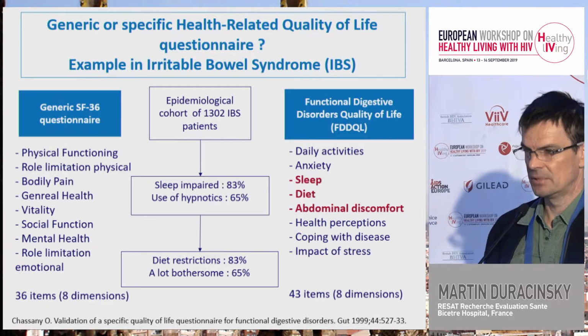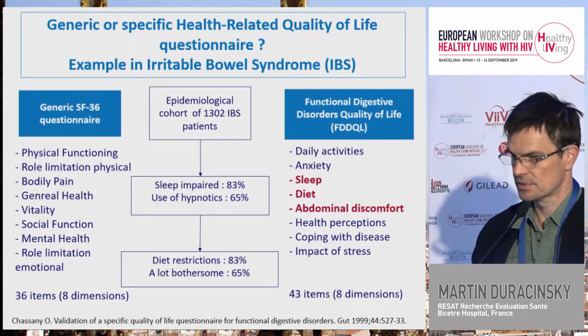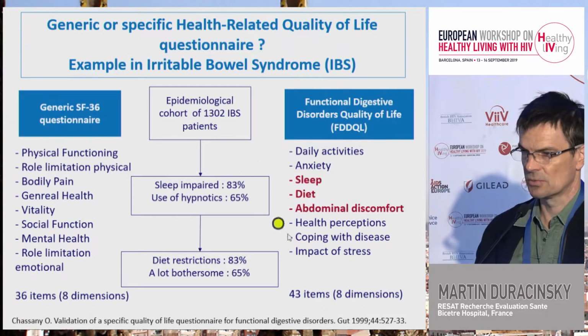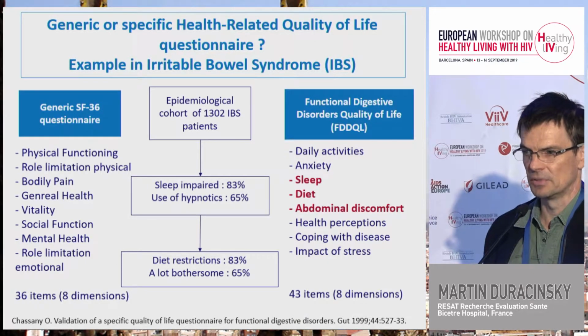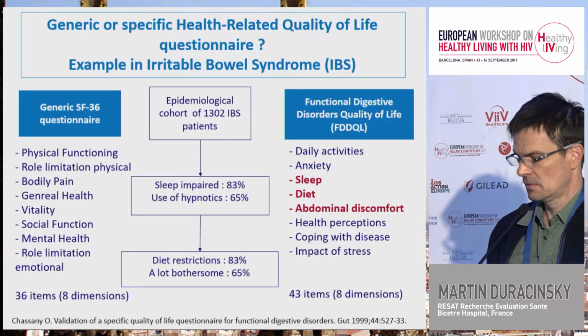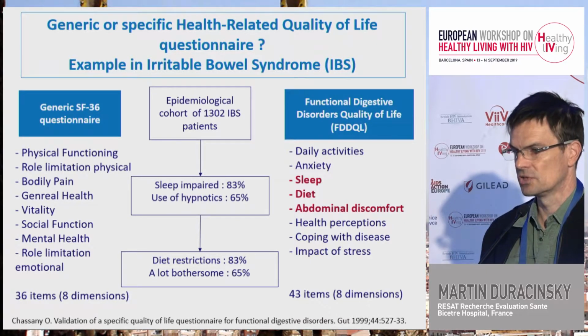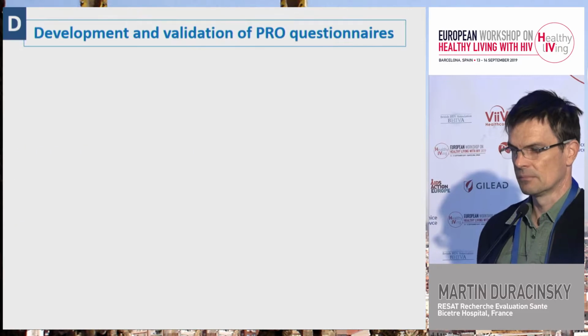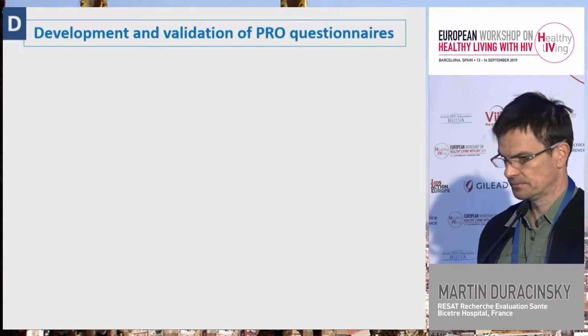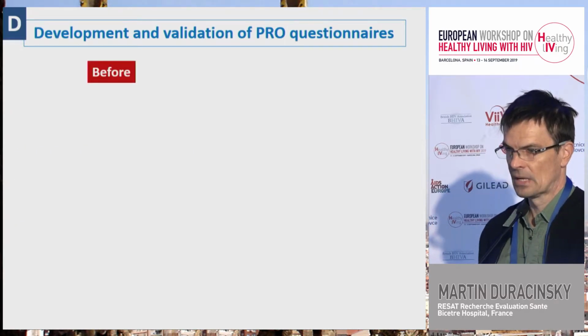So maybe you would choose better the questionnaire that is specific, FDDQL, that covers these dimensions: sleep, diet, abdominal discomfort. Else you cannot conclude. With a generic questionnaire, you will say, okay, my quality of life is not so bad, but you will miss all the other parts.